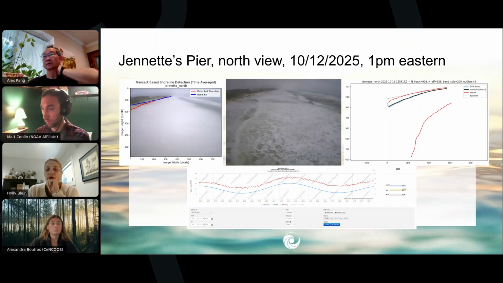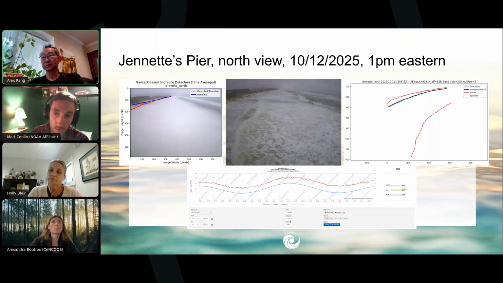A couple of days or about a week ago, Theo mentioned that we should check out the camera at Janet's Pier, and since we've been looking at that, there's some flooding and some significant wave action going on. On the top left is an algorithm running operationally on a couple of sites.